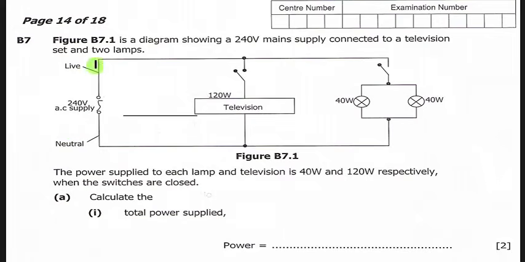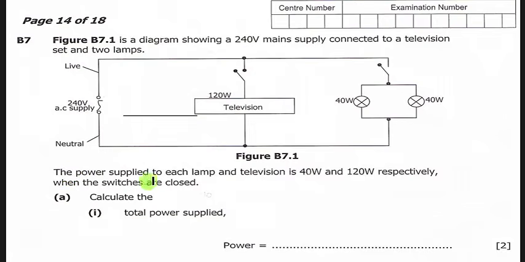This is a live wire with a switch connected to a television and 2 lamps, 40 watts and 120 watts. These 2 lamps and the television are in parallel.